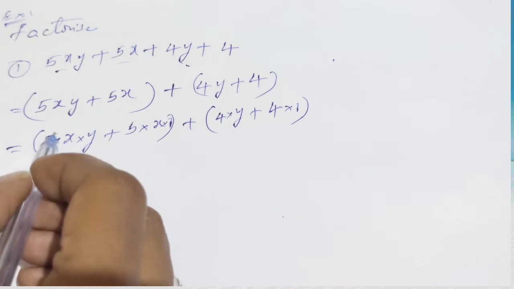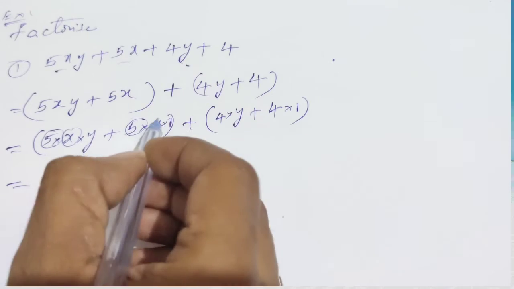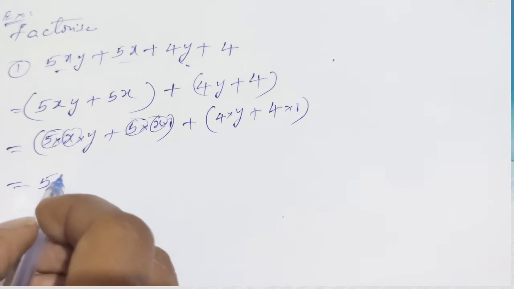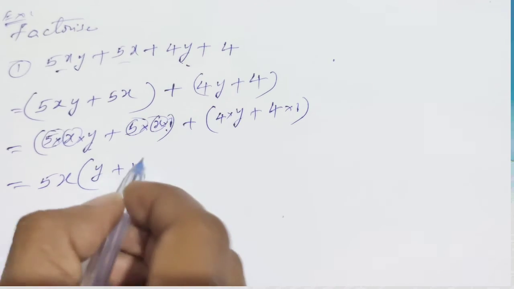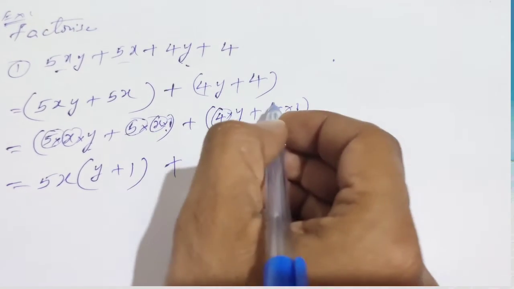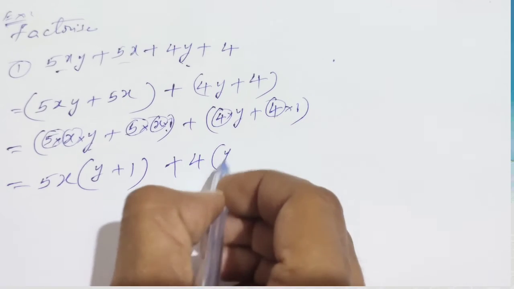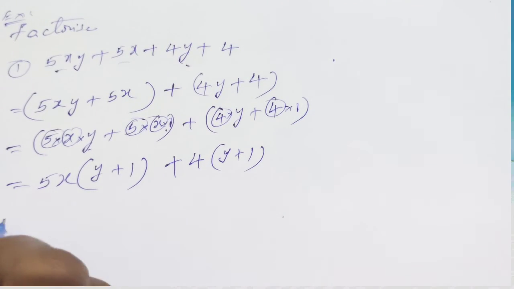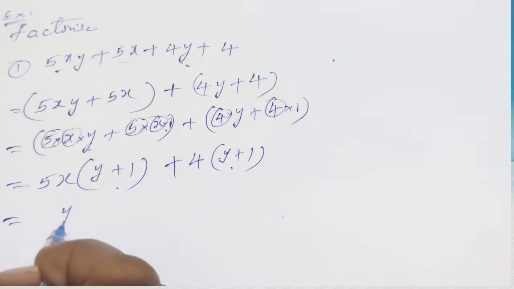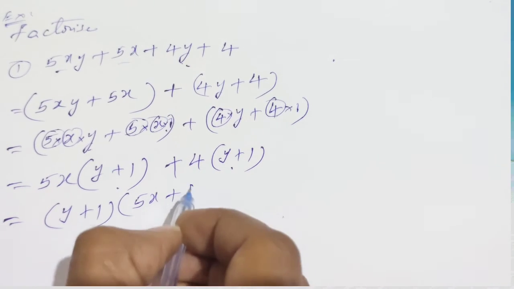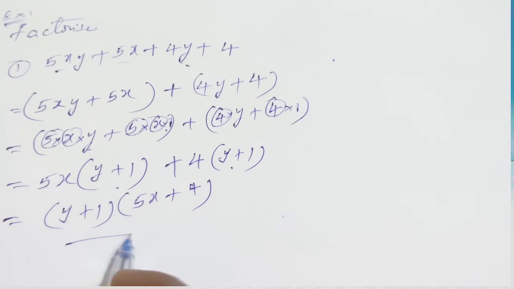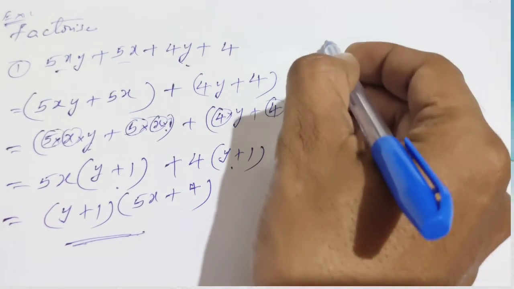So now 5x is common. So 5x times of y plus 1, plus here 4 is a common, 4 times of y plus 1. And overall we can take common y plus 1 and the remaining terms in the bracket 5x plus 4. Okay, like this we can do.